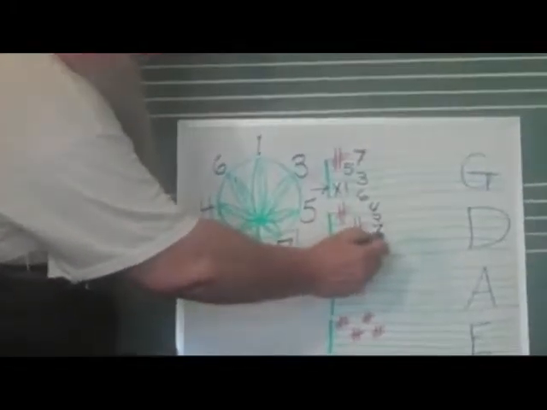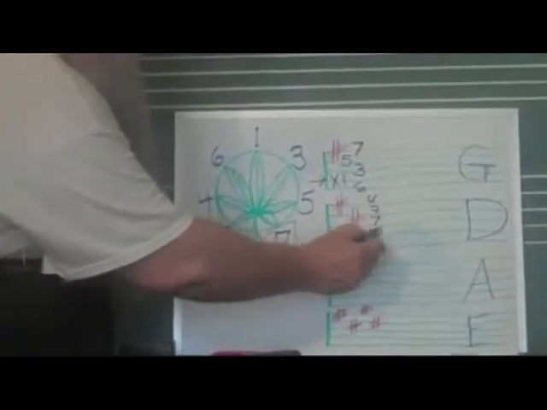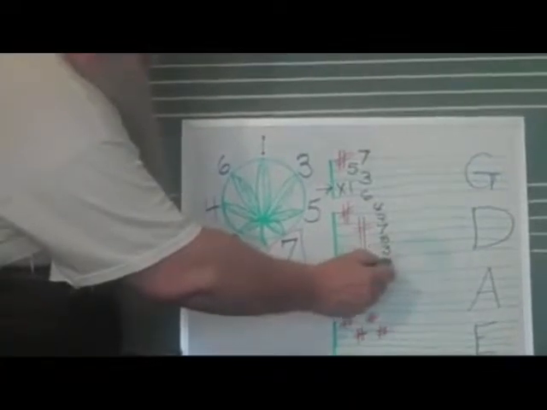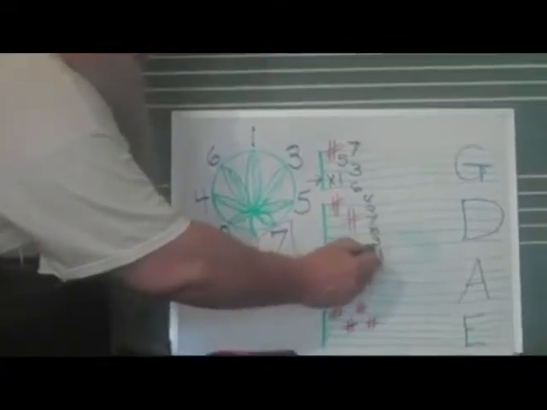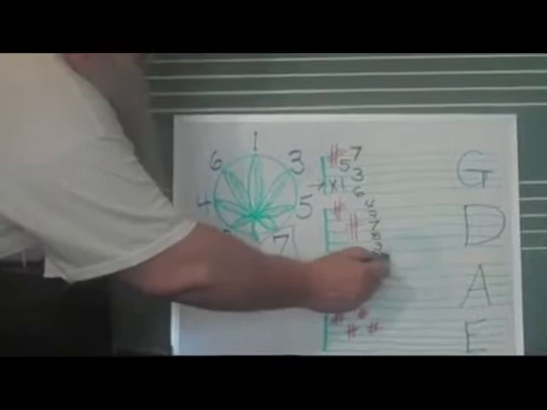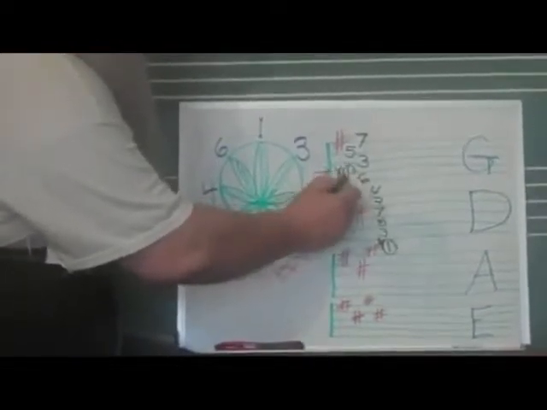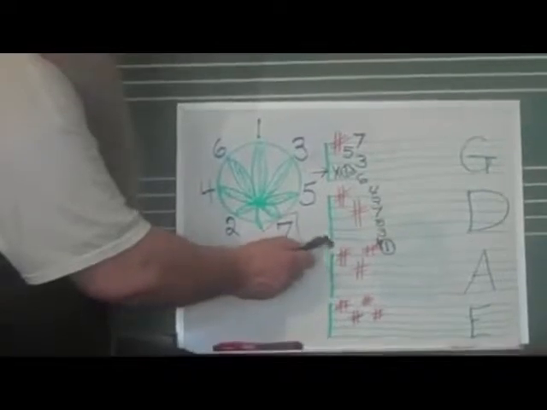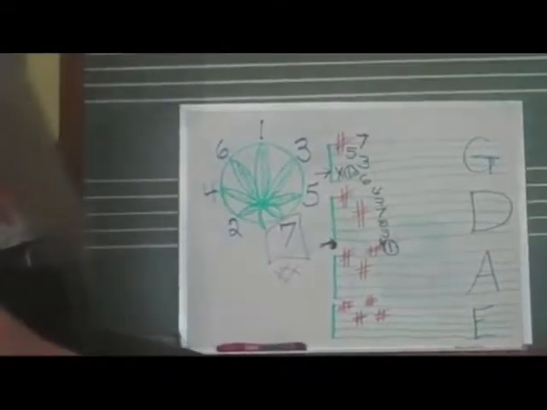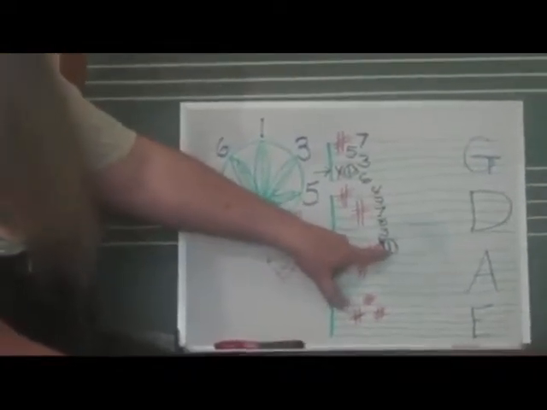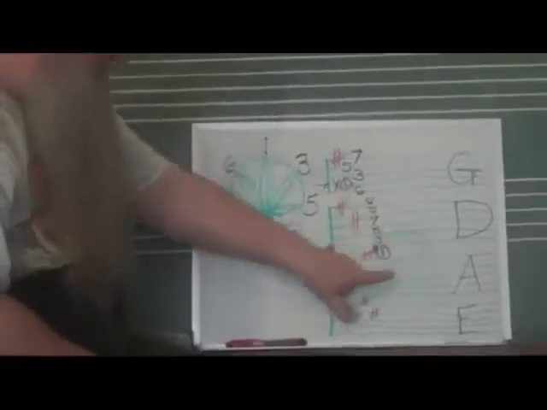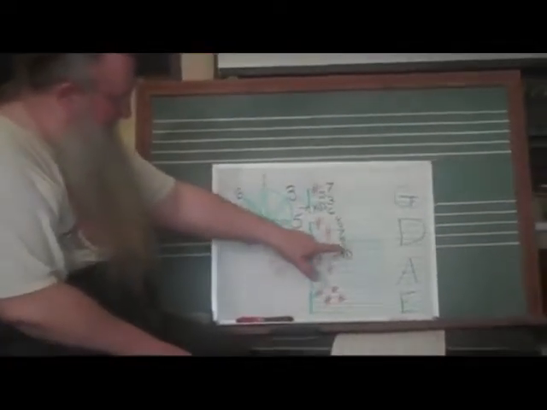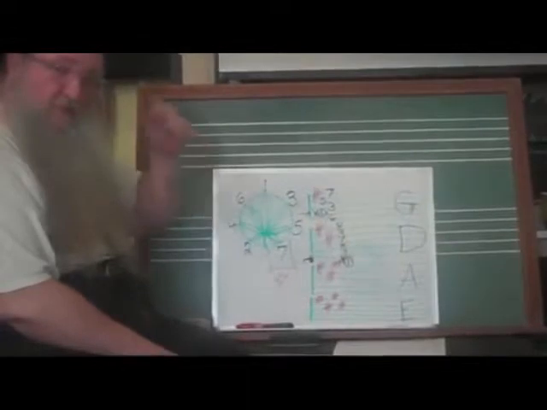Going from 7 down, we have 5, 3, and right here is a number 1. So at the very bottom, the first space below the staff is where the number 1 would be in the key of D, and then we'd have 3, 5, 7, 2, 4, and we could label all those.